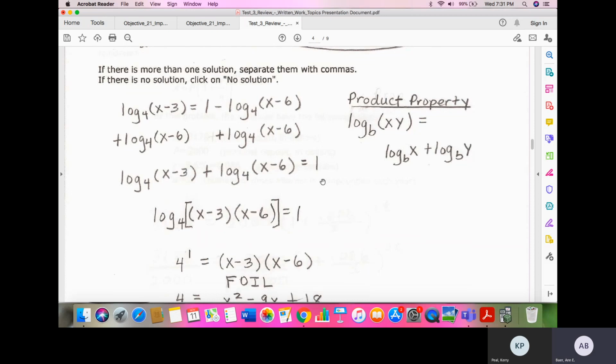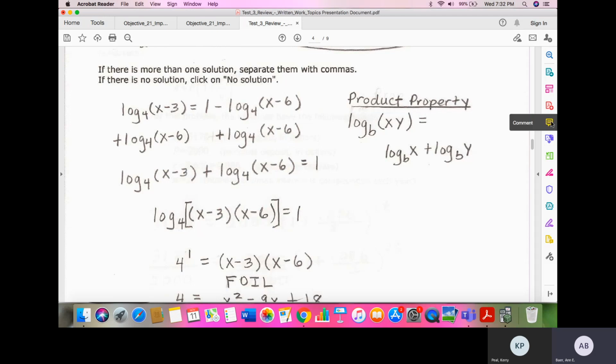It's easier to solve logarithmic equations if you can write them as a single log. So what we have here is the sum of this log and that log. We have a property of logarithms that we call the product property that says the log base b of a product is just the sum of the logs.